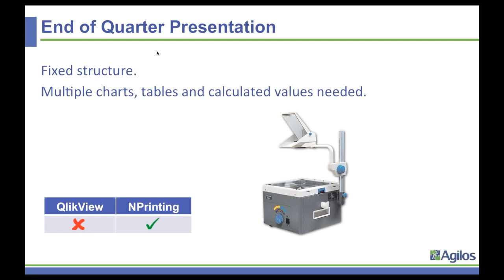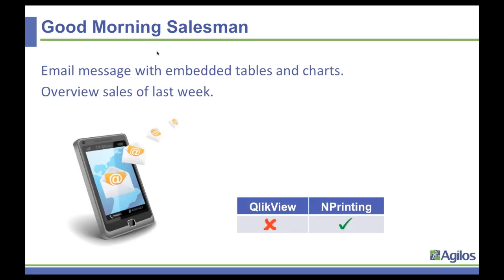Okay, so a last one. We spoke about integrating ClickView data into an email, for instance. What's really nice about this example is that your email is actually HTML. It's an HTML page, and with NPrinting, you can generate an HTML page. So you can just create your email from NPrinting and send it automatically to everyone who needs it. And not just one high-level email, but really a personalized email.